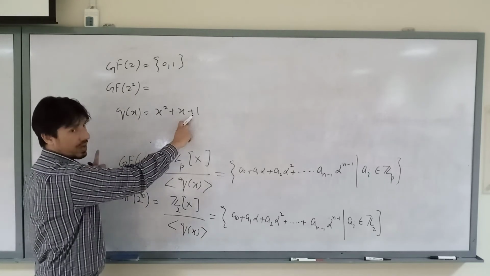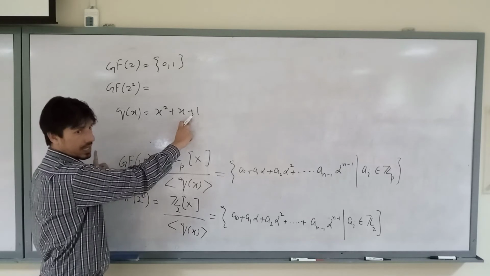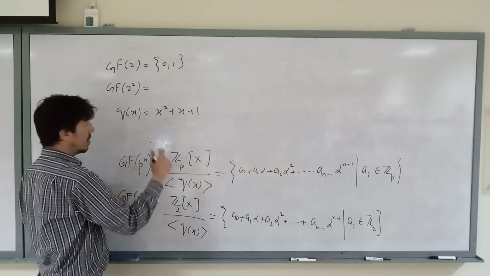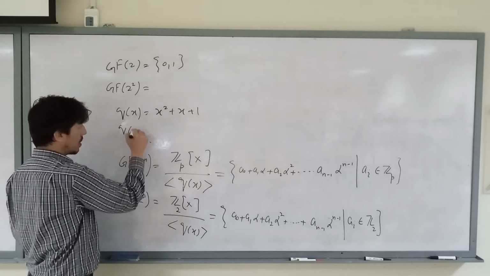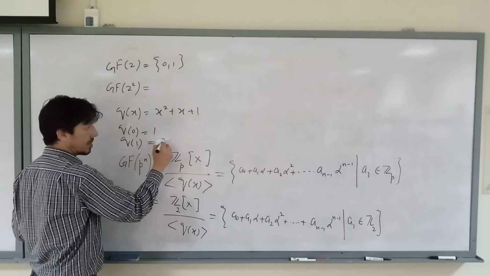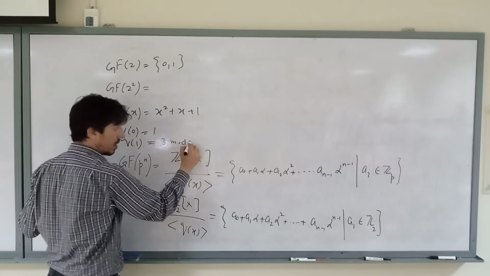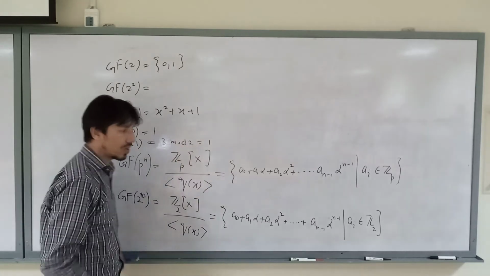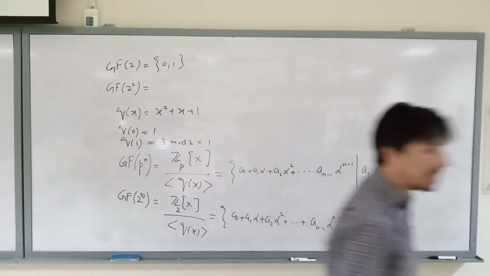ठीक है, बात फॉलो कर रहे हैं? तो अगर मैं 0 पुट करता हूँ तो 1, और 1 पुट करता हूँ, इस पोलिनोमियल में 3 आ जाएगा, अंडर मॉड 2 क्या होगा, 1, तो इसका रूट तो नहीं आएगा Z2 के अंदर.